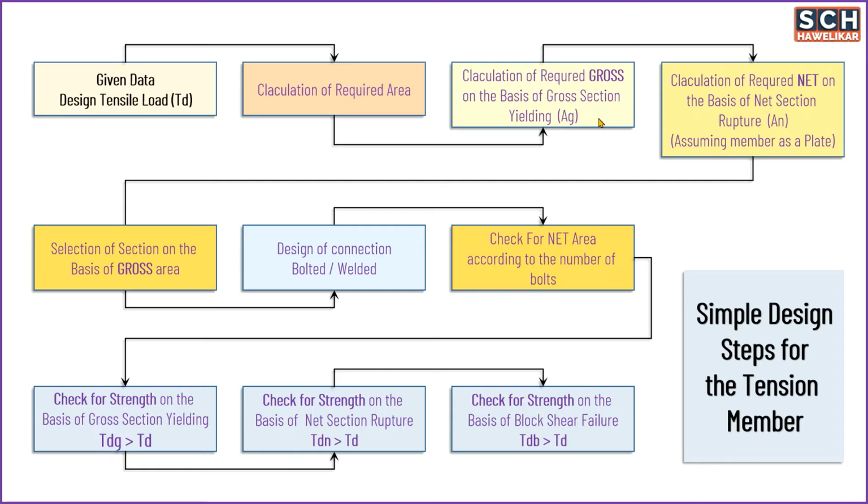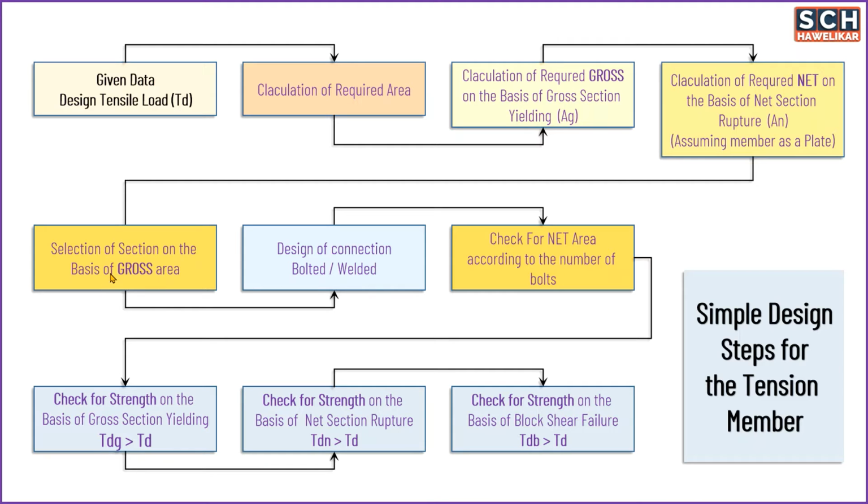In between these two, the gross area is higher, so considering this gross area, we can select any one of the sections, that may be channel section or angle section or hollow or rectangular section, depending upon our requirement.